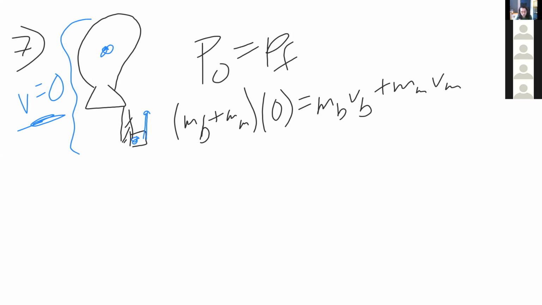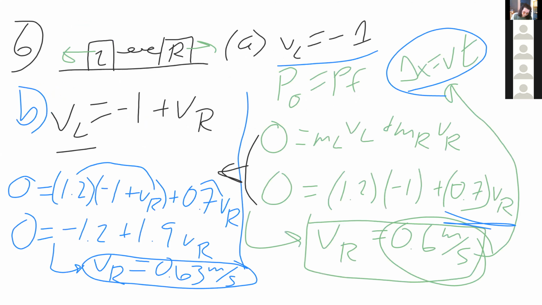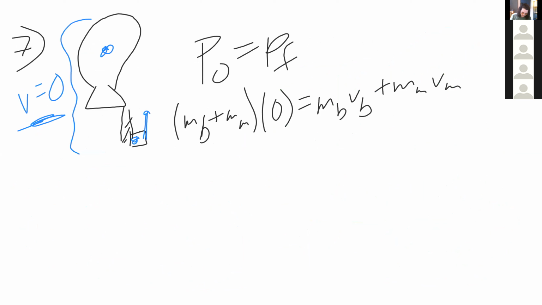Now, as far as the actual calculation, we're given a speed of the man relative to the ladder. So we're not given his speed relative to the ground because he's not climbing from the ground, he's climbing the ladder itself. So just as we did in the last problem, when the speed of block L was given relative to block R, we had to add in the speed of block R. Well, we have to do something similar here and say that the speed of the man is equal to the given speed, 0.55 meters per second, plus the speed of the balloon.